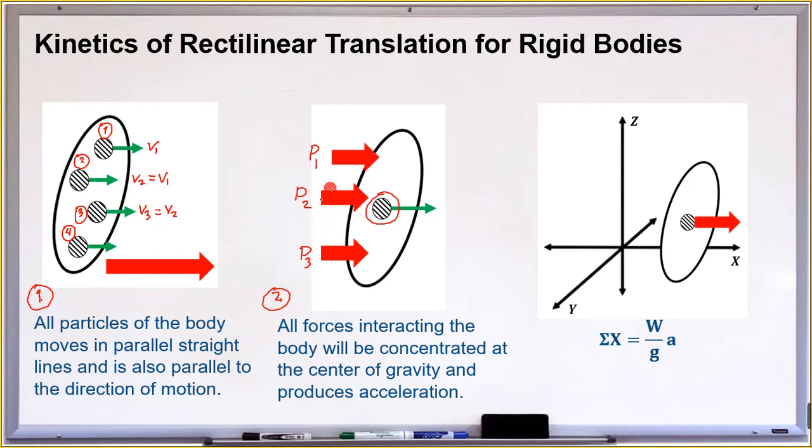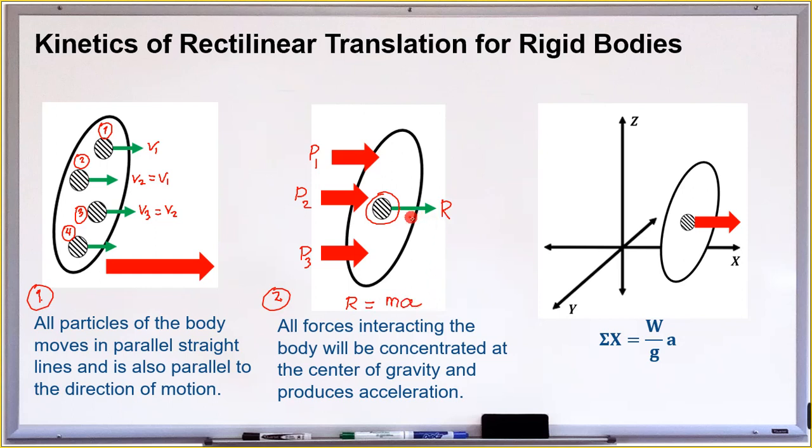If we sum up these forces, the resultant should act at the center of gravity, or it will be concentrated at the center of gravity. And that resultant would produce an acceleration. That is why we relate the resultant force to the mass of this object and its corresponding acceleration.